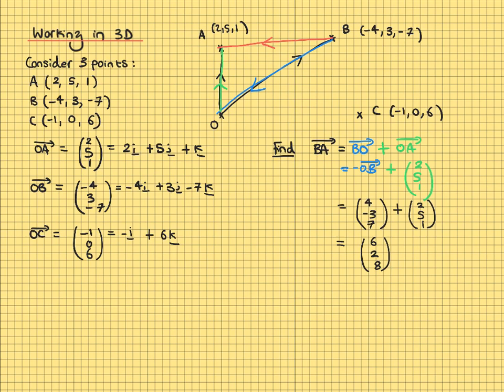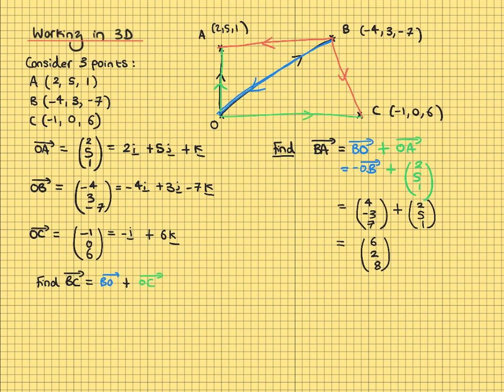Let's have a go at another one. So I want to, this time, find the vector BC. So this tells me that I want to start at B and drop down to C like that. So again, I'm going to go along the vector BO like that, along that blue arrow. And then I'm going to add on the vector OC.